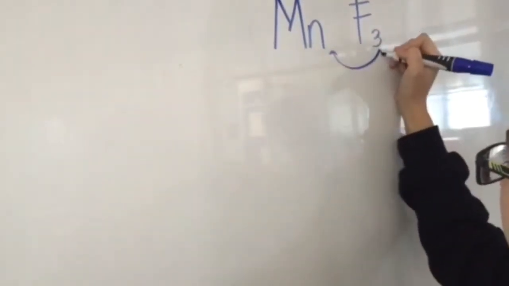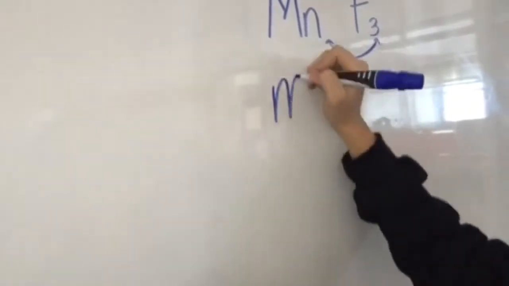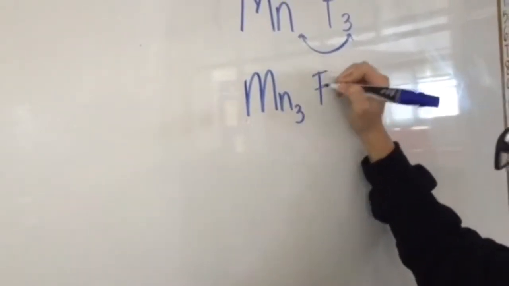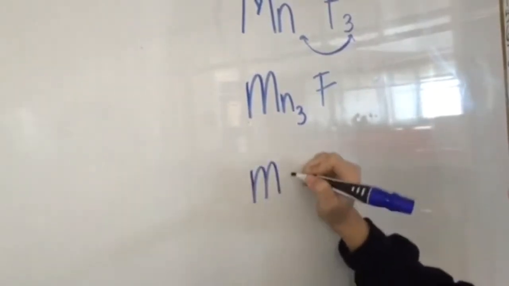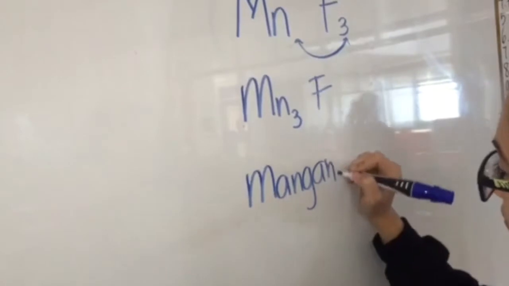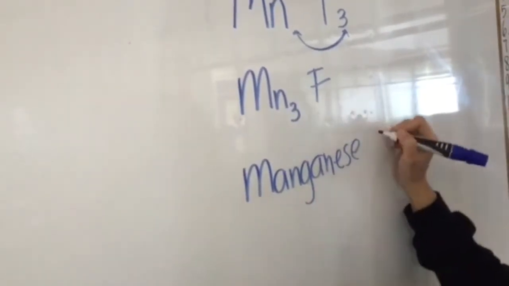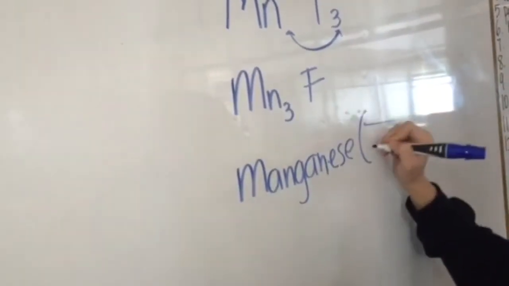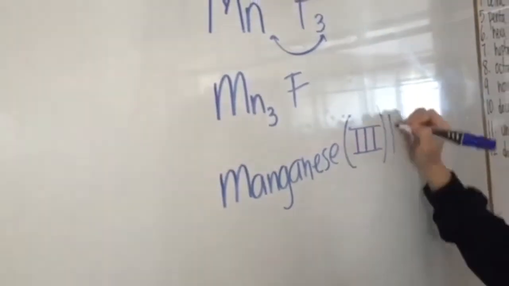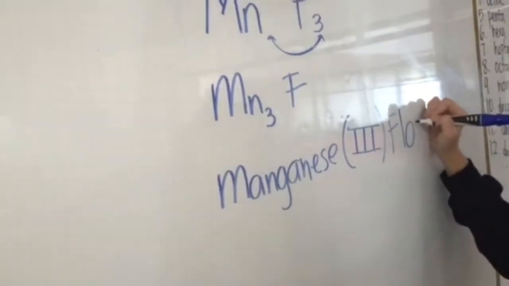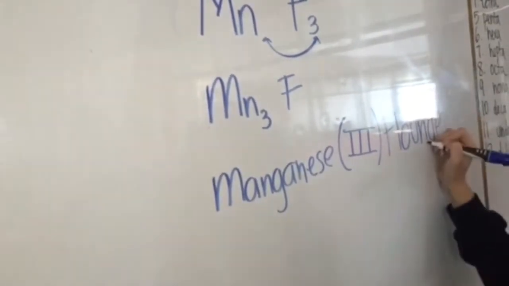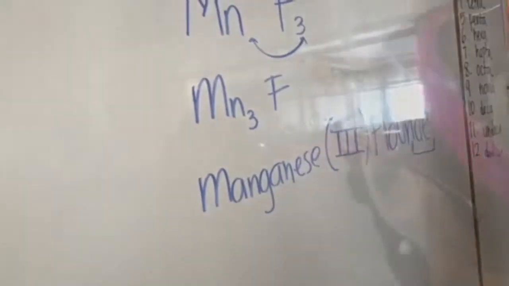So you exchange the numbers, and now you have manganese 3, fluorine. But remember that you always have to end the second word with IDE. So it's manganese 3 fluoride, with IDE in the end.